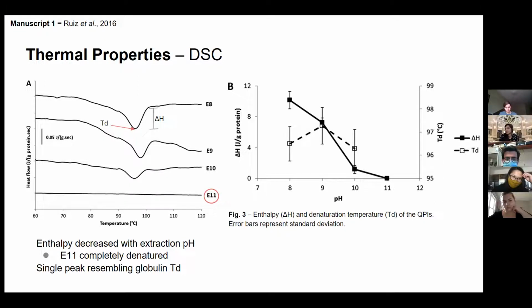They all had the same denaturation temperature, as these all resemble the globulins. And for E11, we don't see a peak because it has completely denatured essentially. So we don't see any heat absorbed to cause disorder in the chain. And then this chart on the right here is just a different way of expressing the results on the left.